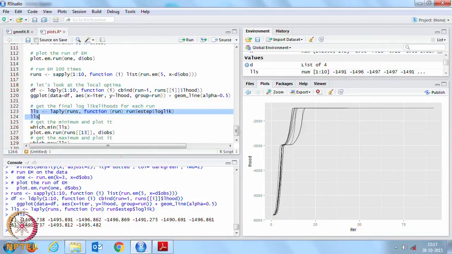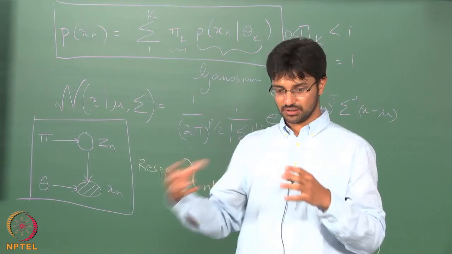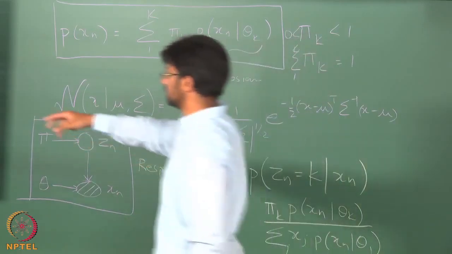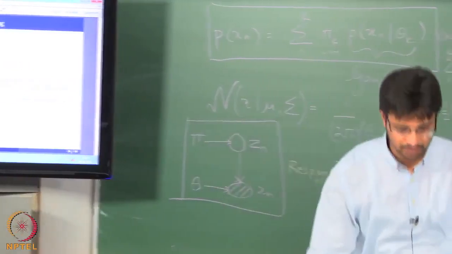Okay. And now let's look at these 10 likelihoods. So, these are the 10 values of the likelihood when we stopped the iteration. Usually if you see the slides, you will see that I have always put t here, which is a hard bound on the number of iterations, because sometimes the likelihood may not converge, right. And so, we usually give an upper bound on the number of iterations as well and stop it there.